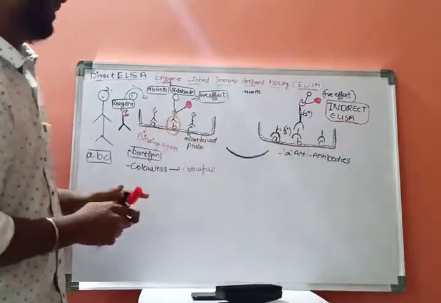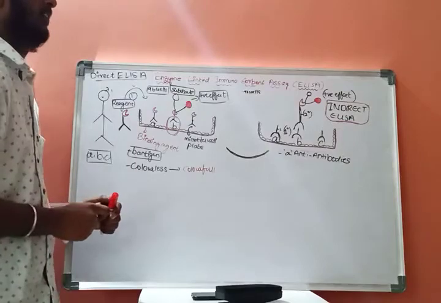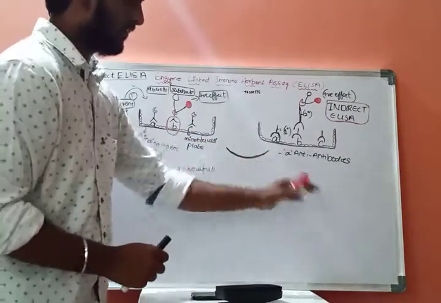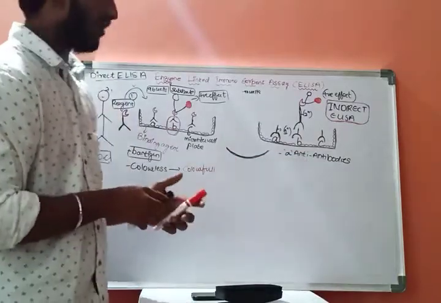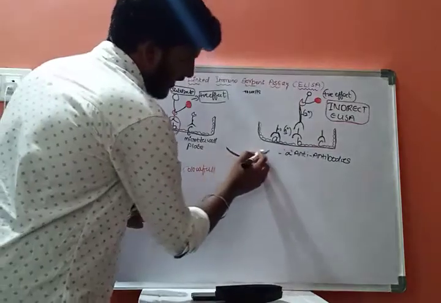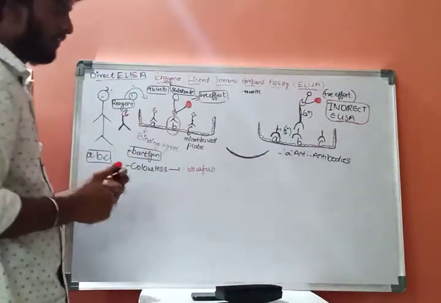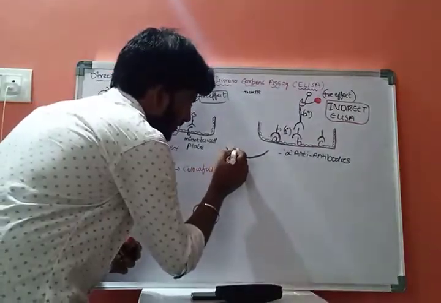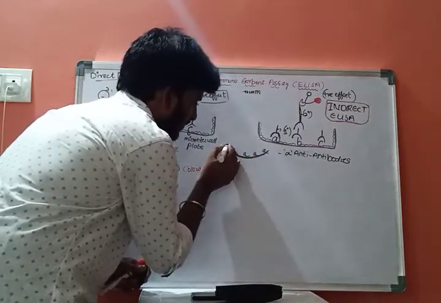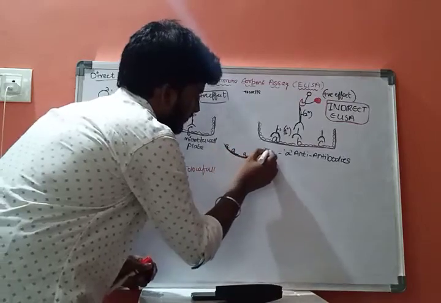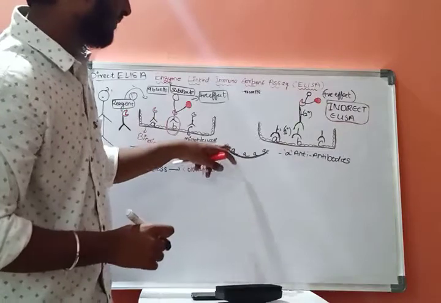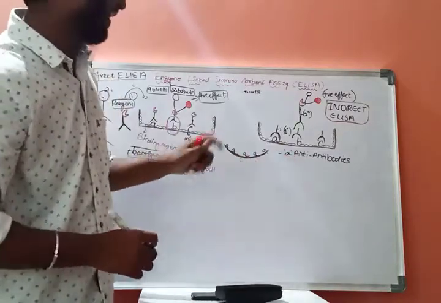Whenever we want to examine whether it contains anti-A antibodies or not, at first the surface of the microtiter well plate should be coated with A type of antigens.